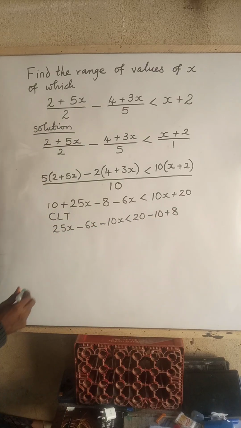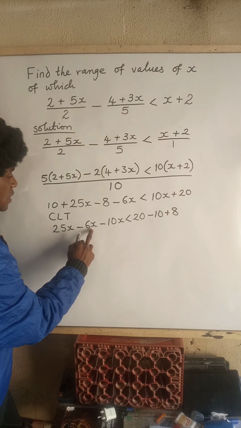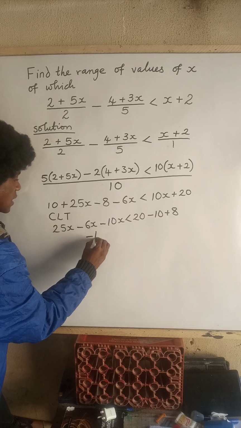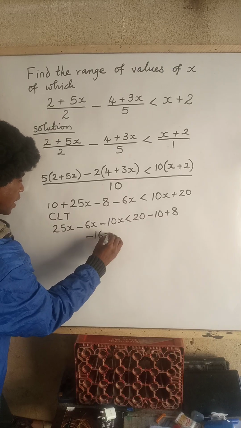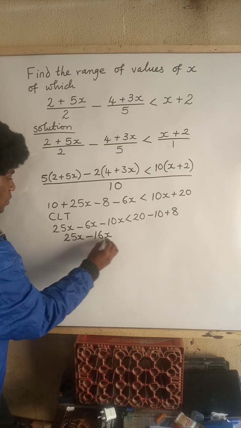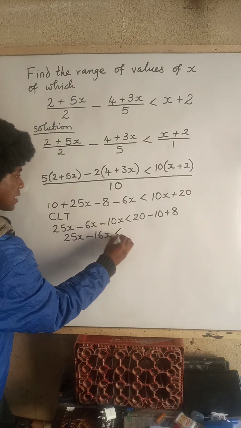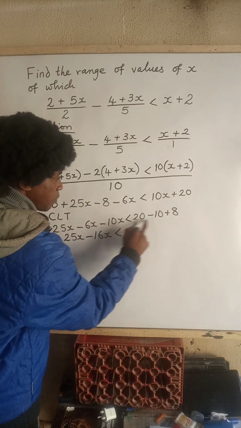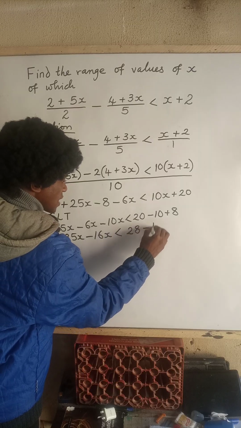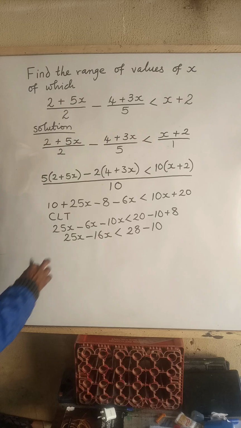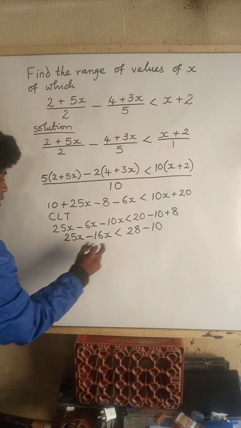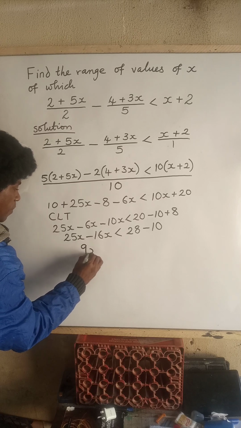As it stands, we have minus 6x minus 10x, which is minus 16x. So 25x minus 16x is less than 20 plus 8, which gives us 28, minus 10.